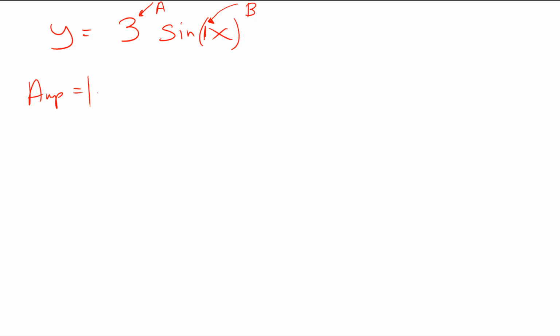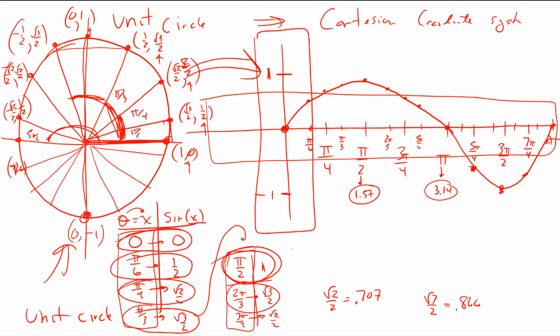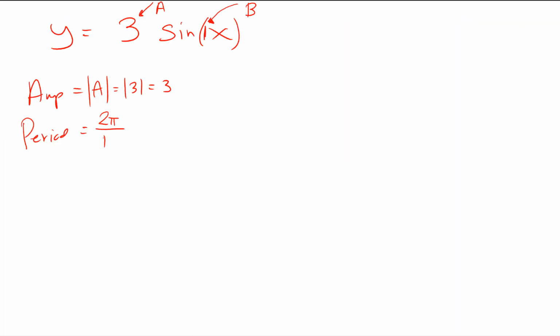So amplitude, here are some formulas. Amplitude is the absolute value of the a value. So in this case, the absolute value of 3 is 3. The period is going to be 2 pi. Remember, that's the original period that we normally have for sine, if we go back in our slides. And this is divided by b.